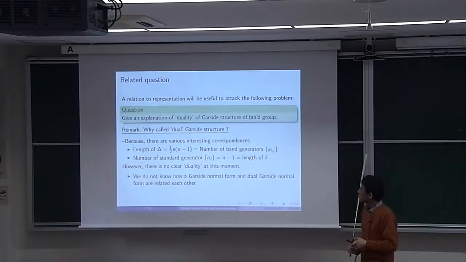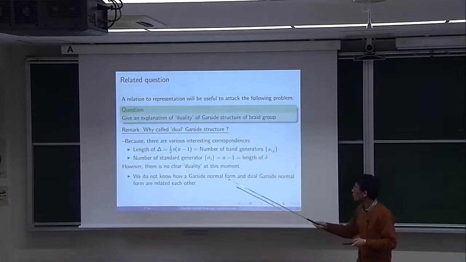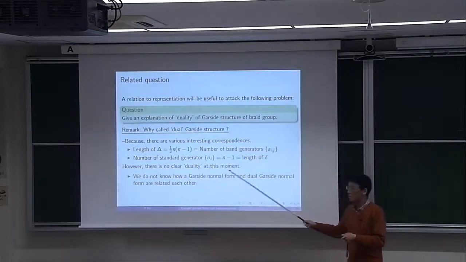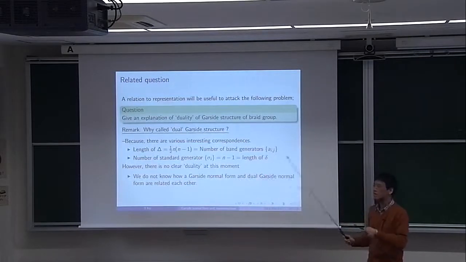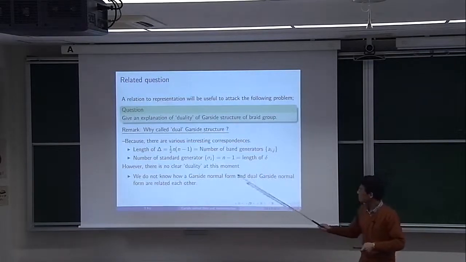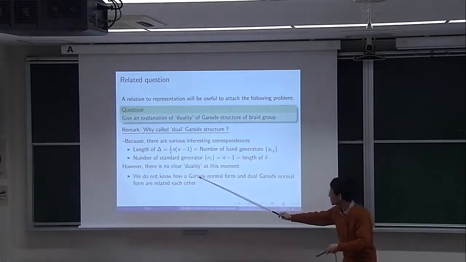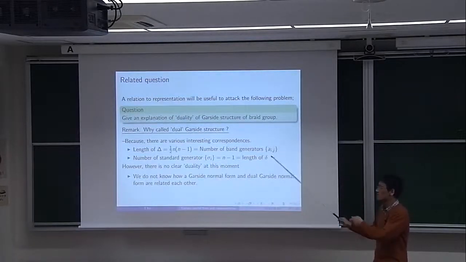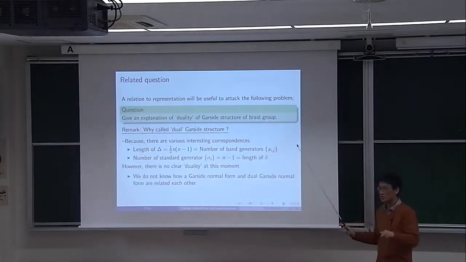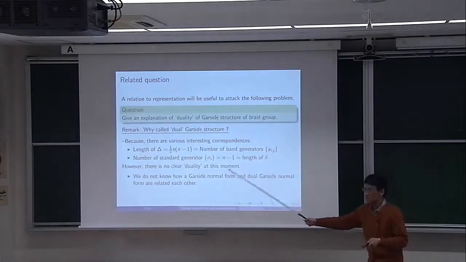However, there is no clear duality at this moment, in the sense that we don't know how Garside normal forms and dual Garside normal forms are related. Of course, if a Garside normal form is given, we can compute the dual Garside normal form and vice versa, but this is not functorial or explicit.